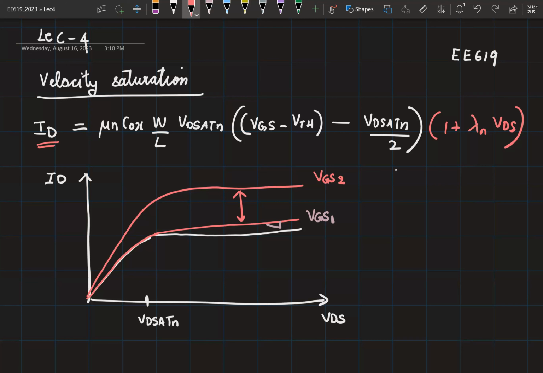Can you show me where that term is in the equation? It will be linear, right? Under pinch of saturation, you would have expected this to jump quadratically because you had VGS minus VTH the whole square. But if it is under velocity saturation, this relationship is now going to be linear. So this is again one way in which you can identify whether your transistor is in velocity saturation or pinch of saturation. Simply change the VGS for few values and see how it is jumping, right?